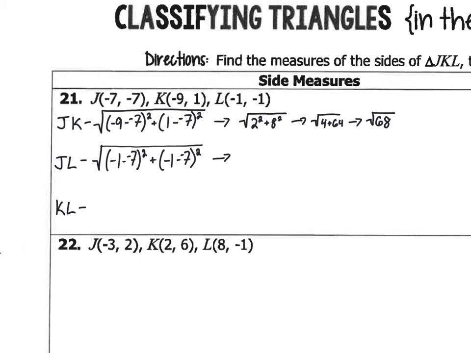So here, you have -1 from here, because it's x's, and there, and then you have this one and this one from here. Correct. Yep. So you'd have the square root of 6 squared plus 6 squared.